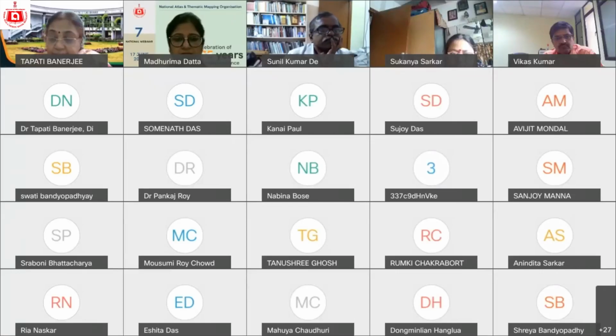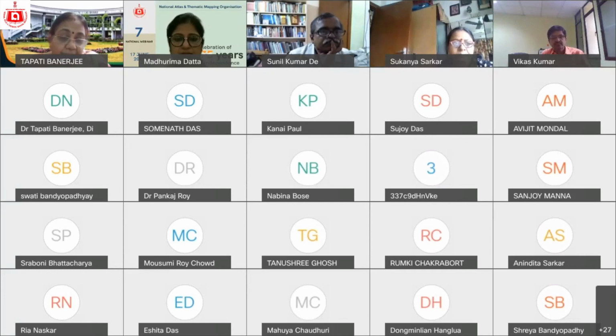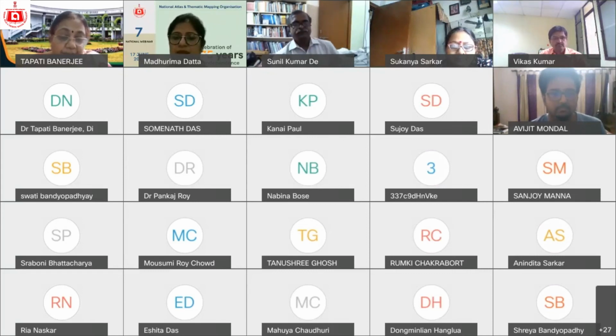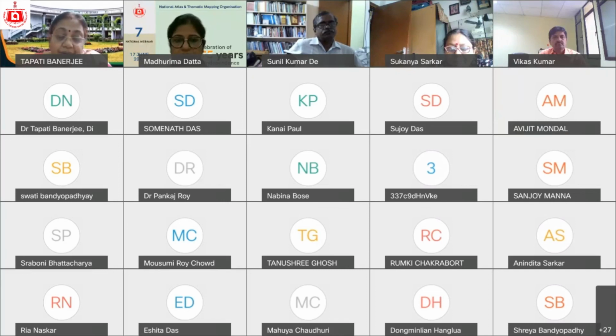Actually, I was also very much interested in this geomorphological map of India because while working in ICAR, I found that a large-scale geomorphological map was very much required for research analysis. And as you have suggested, it is really a need for the country to have this type of map. And the number of staff members is very small nowadays.